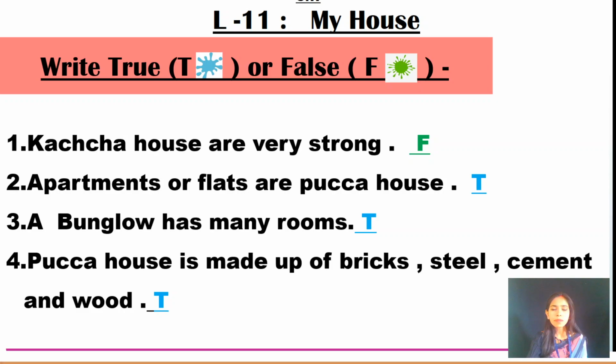So do you know what is the meaning of strong? Strong means ताकतवर, right? So, do you know the meaning of bungalow? A big house, right? With many rooms. It's a luxurious house. Okay, so what is the meaning of bricks? The meaning of bricks is ईंट, right? What is the meaning of steel?